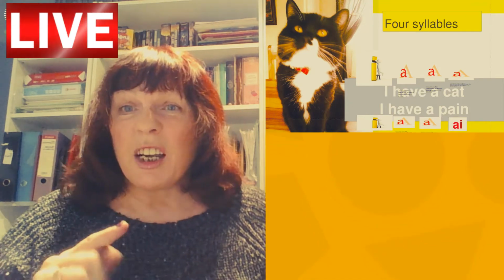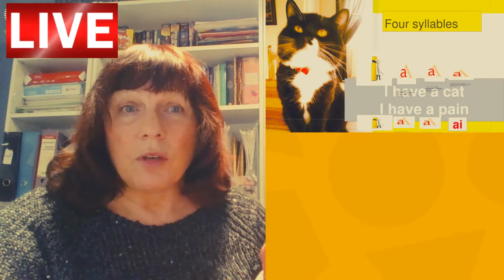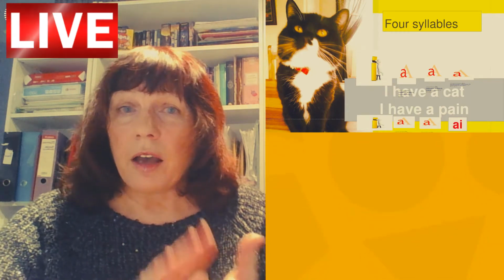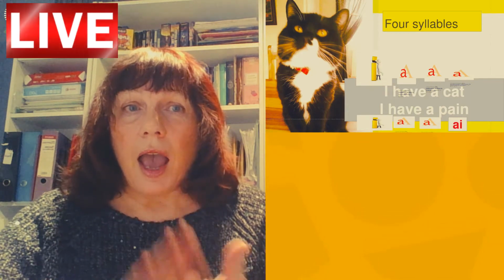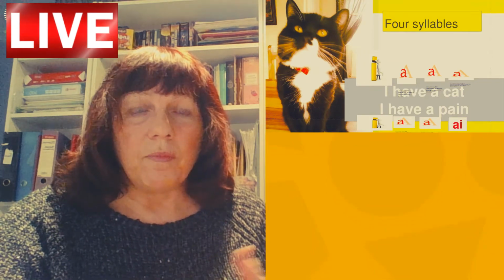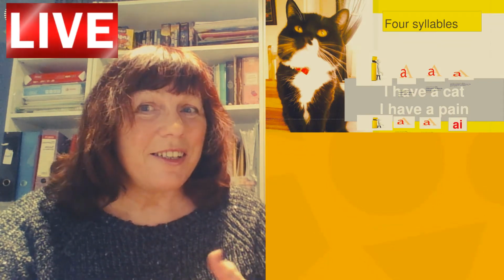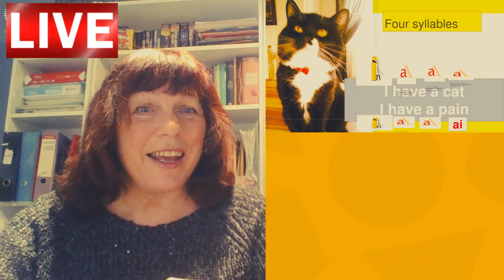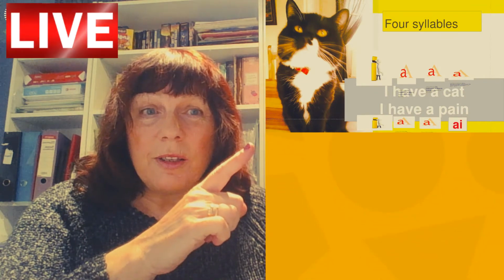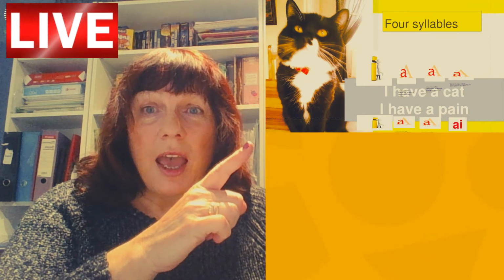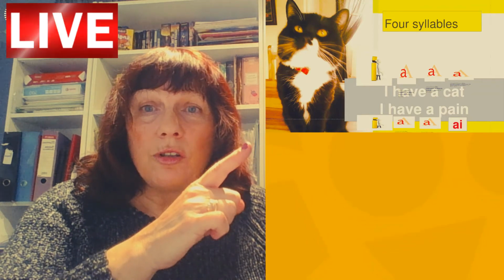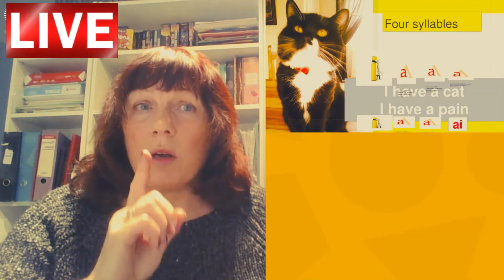I could actually clap that sound. I have a cat. I, a. I have a pain. I, a. That's interesting, isn't it? Pain, a. Because those 2 letters there, A and I together, 2 vowels creating 1 sound.